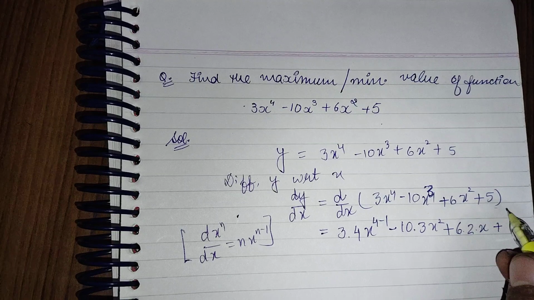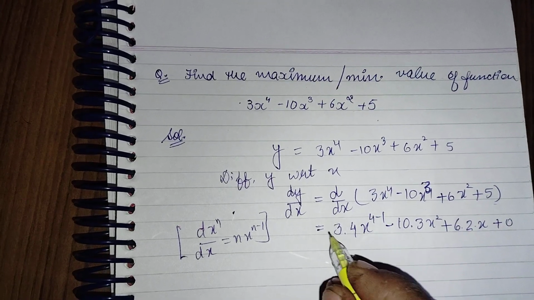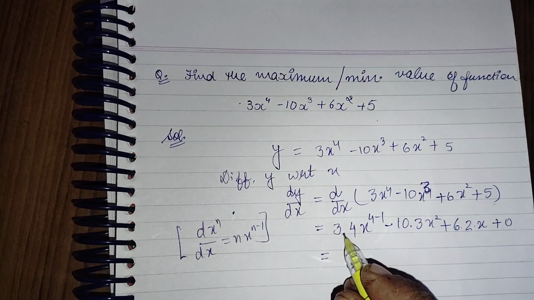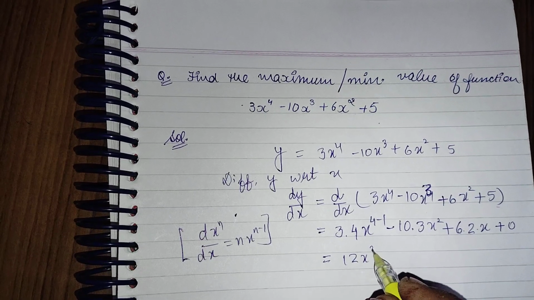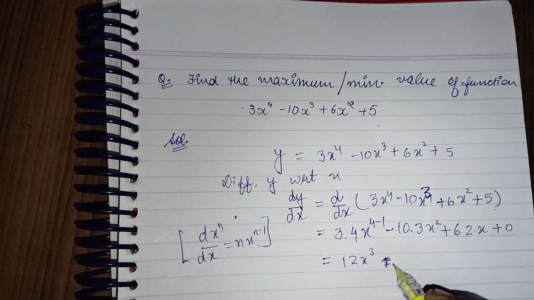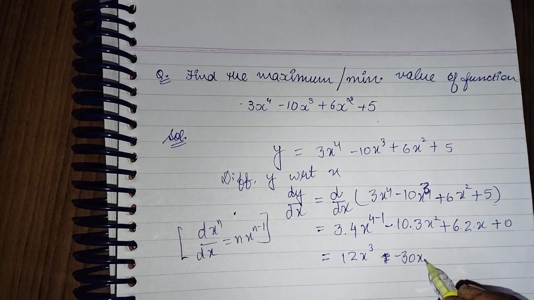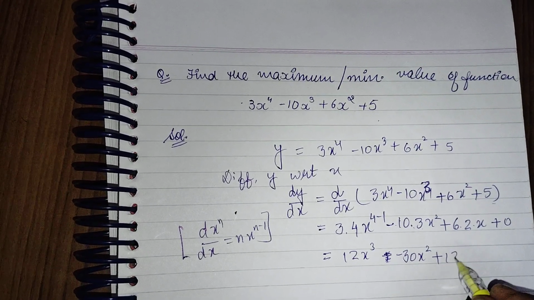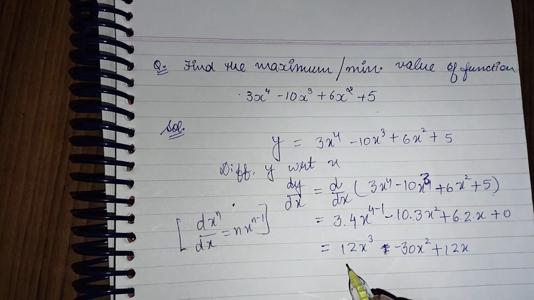Plus 5: the differentiation of a constant is always 0. So 3 times 4 is 12x^3, minus 10 times 3 is 30x^2, plus 6 times 2 is 12x. So this is the differentiation.